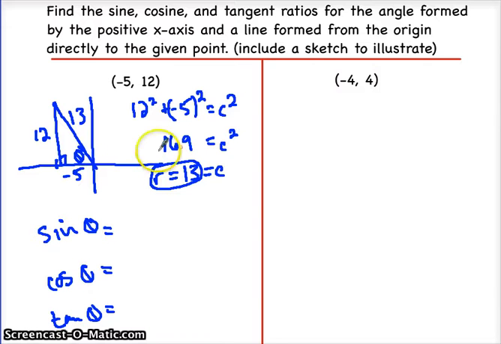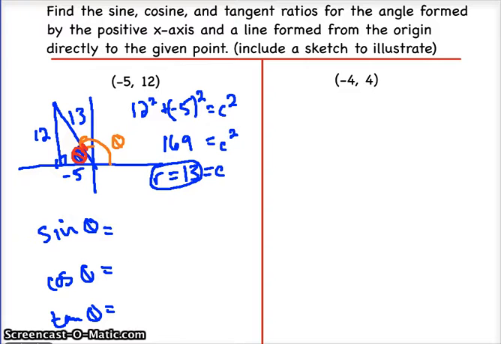Remember that theta technically goes from the positive x-axis, but theta and theta prime will have the same sine, cosine, and tangent values, with the exception of the positive or negative sign in front of our figures.